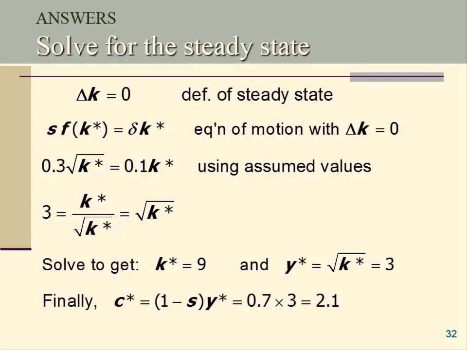So 1 minus s is 1 minus 0.3, which is 0.7, times the y star we found, which is 3. Therefore, c star equals 0.7 times 3 equals 2.1. So you can see that once you figure out k star, because y star and c star are all functions of k star, you can figure out both y star and c star based on the k star we found.